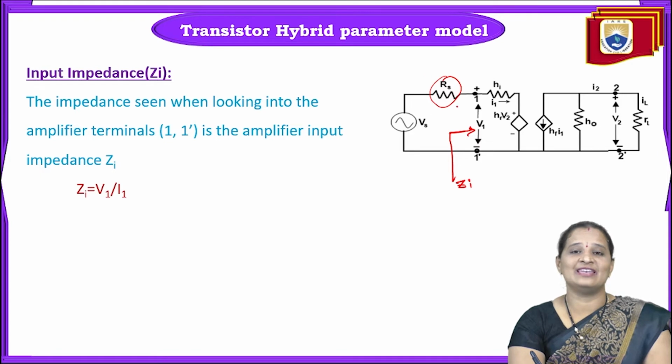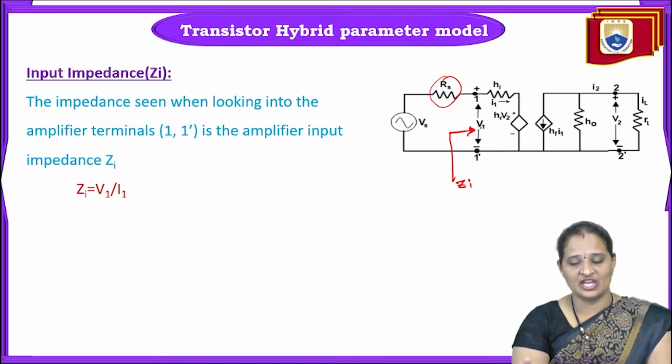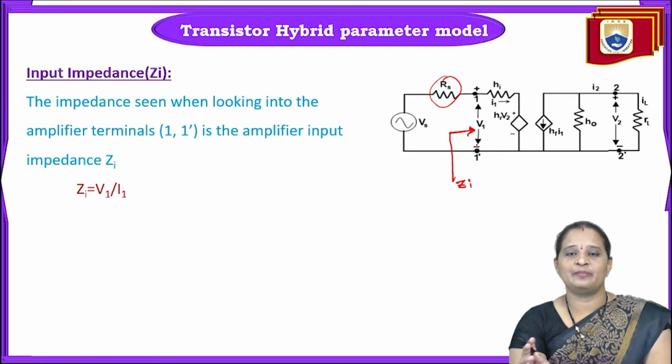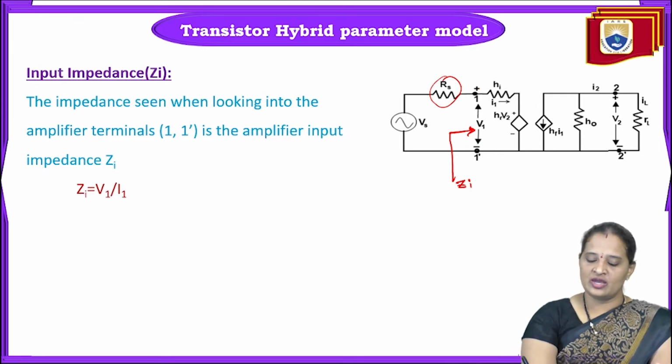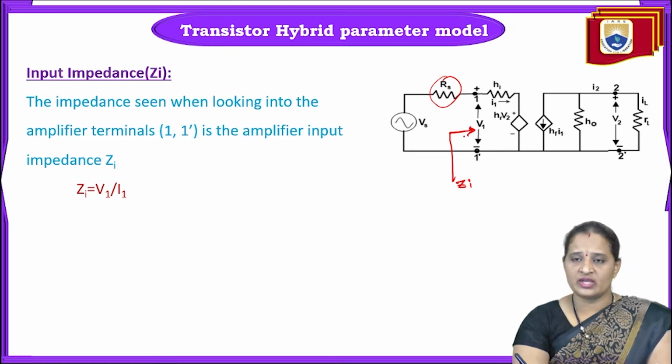So this is the internal resistance of the source. So I am not taking this RS into consideration. Only the impedance seen when we are looking into the port 1 and 1 dash is defined as the input impedance. So here, when I look into this port 1 and 1 dash, what is the input voltage and input current that I can see?